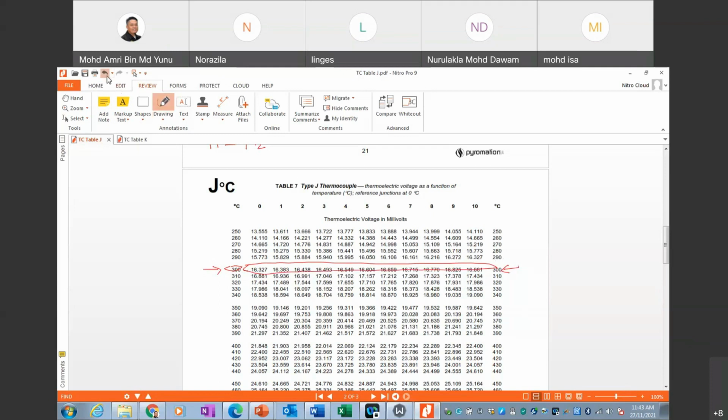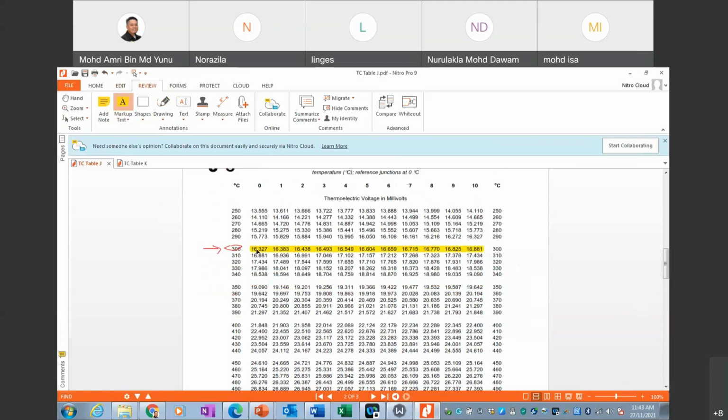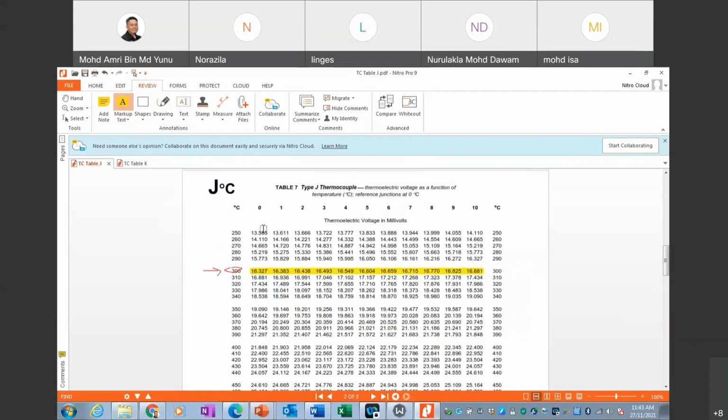Let me mark it. The value should be somewhere here. But you need to look at the top row here, 300 plus 0.